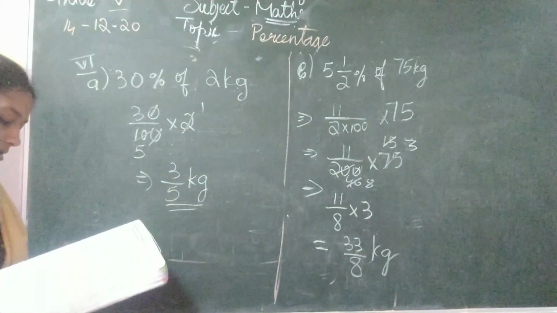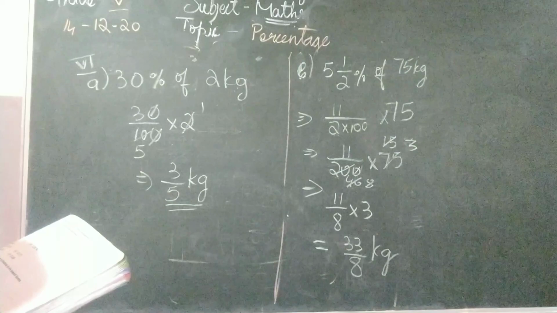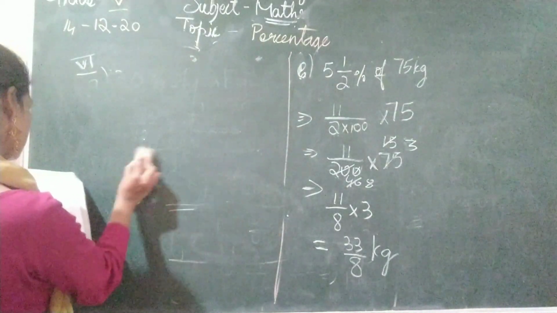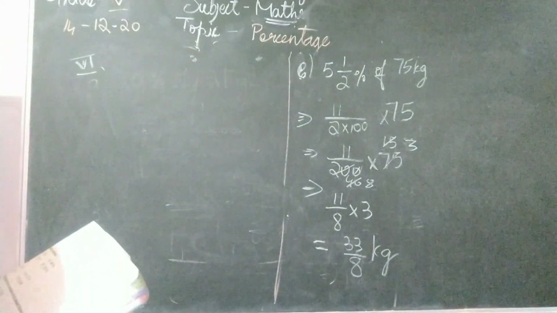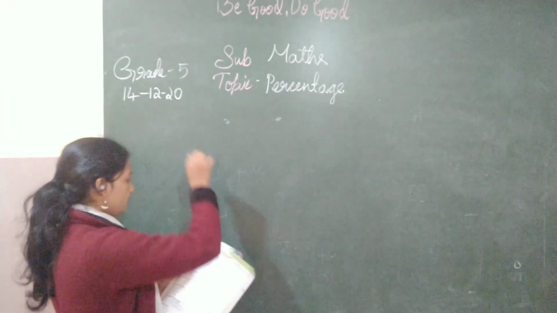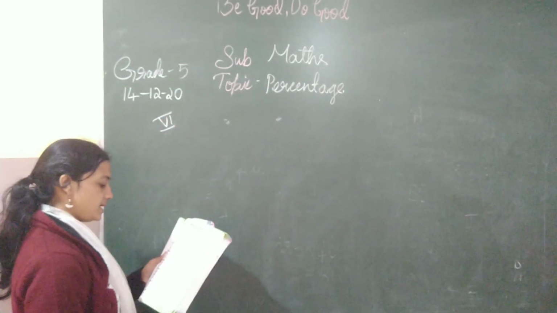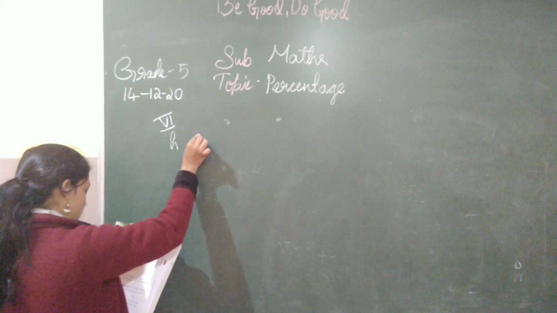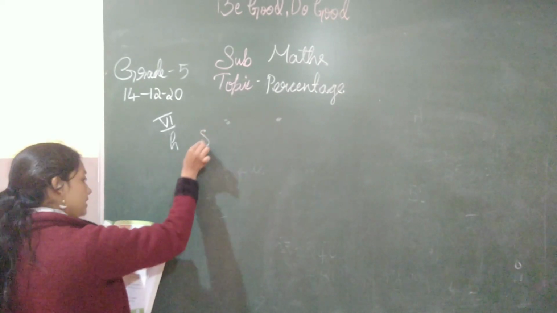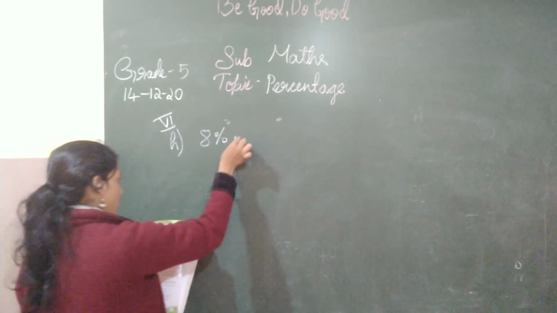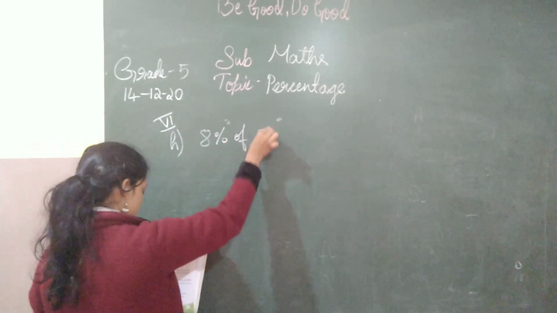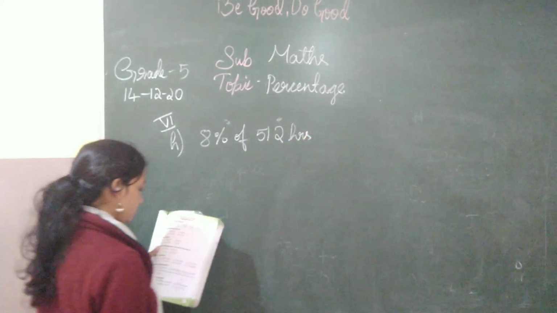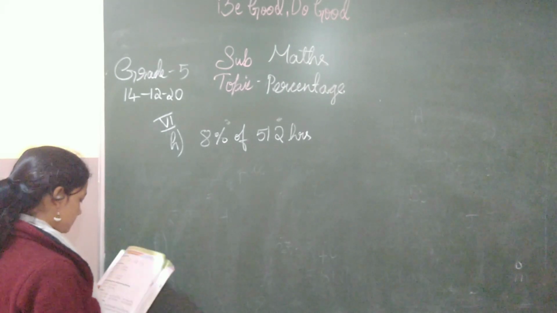Now I'll work out the H sum. 8% of 512 kg. So children, we were doing the 6th main H1 where we have to find the percentage of the given quantity. 8% of 512 hours.